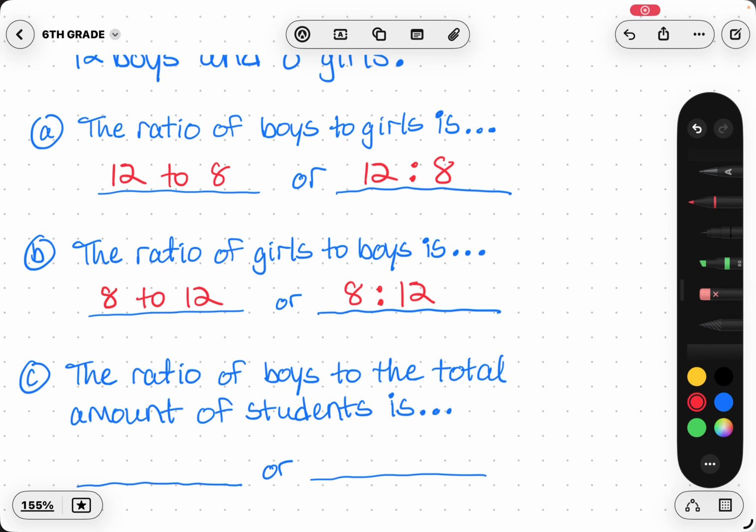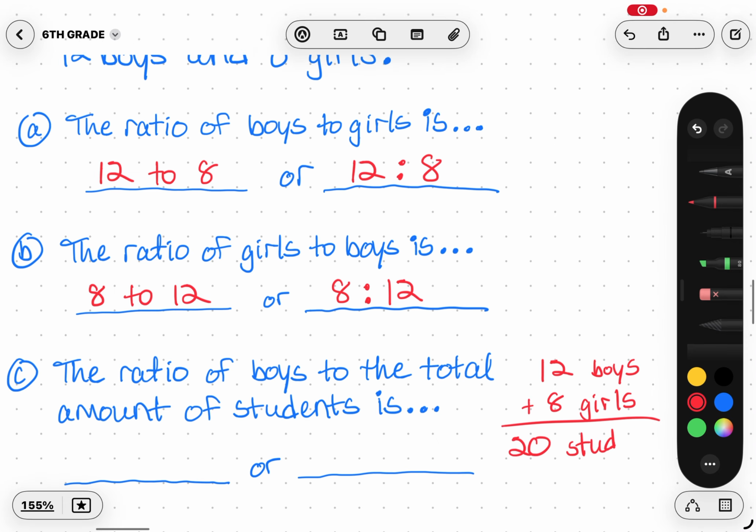So if we want a total, we need to add 12 plus 8. That's boys, that's girls, and our total will be the total number of students, which is 20. So 20 students altogether. Okay. So now when we answer this question, the ratio of boys to the total number of students would be 12 to 20 using the word "to," or we would say 12 to 20 using the colon.